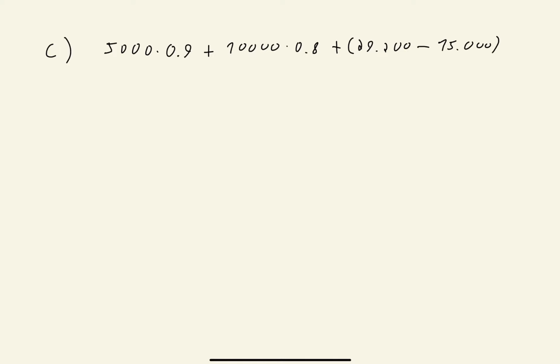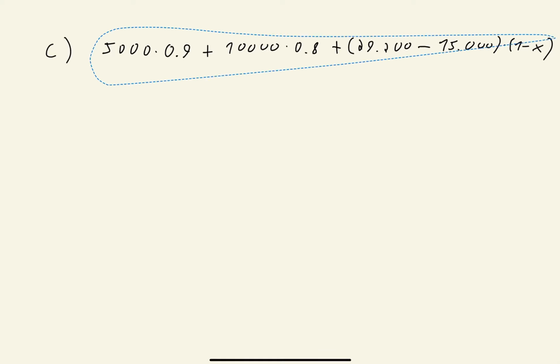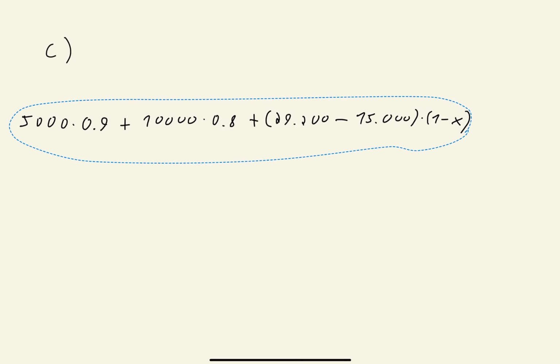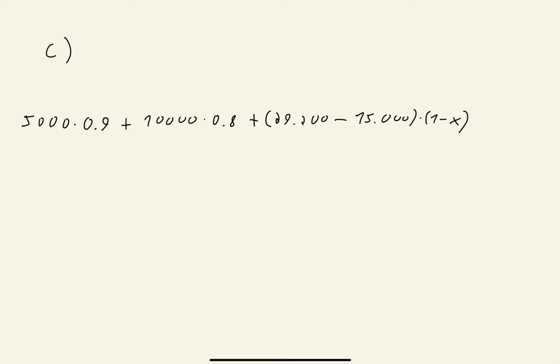This is the remaining amount of your income, which will be taxed with X%. So what's remaining is 1 minus X. What you see here is what you can consume at maximum given X if you fully work. So this should be equal to 15,000.